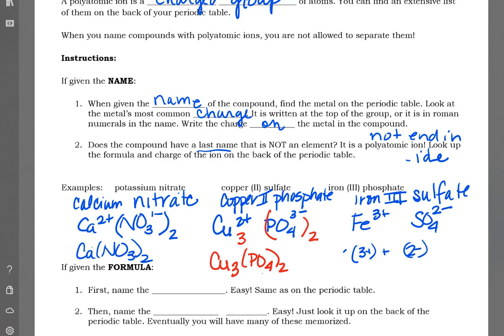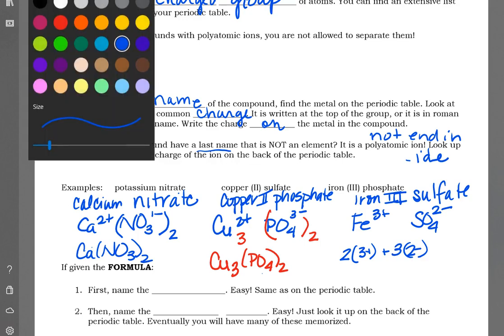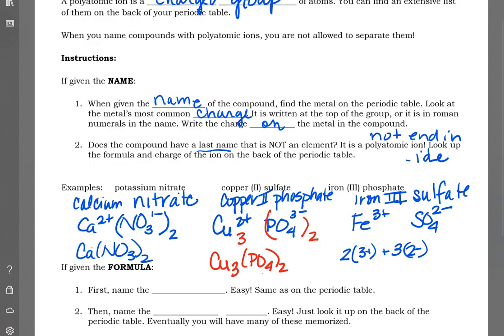What can we multiply 3 by and 2 by? So that means we would need 2 plus 3's and 3 minus 2's. So we end up writing him Fe2(SO4)3.